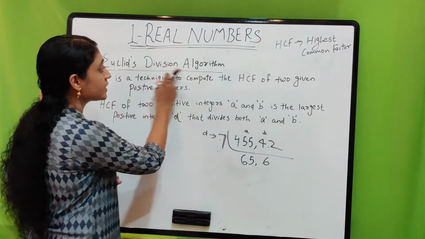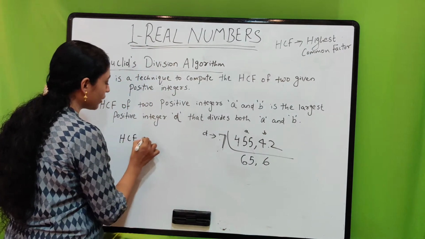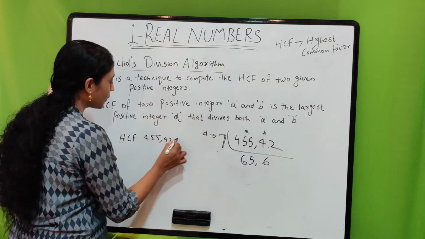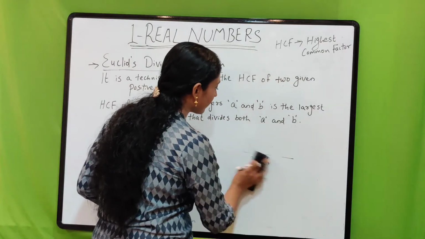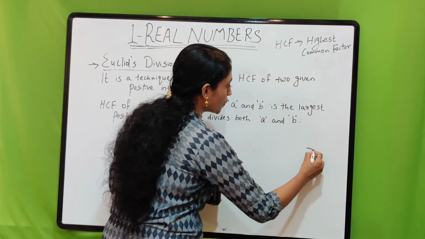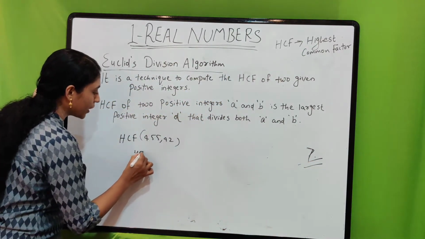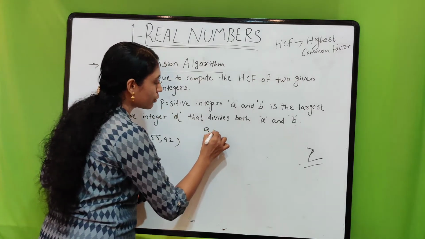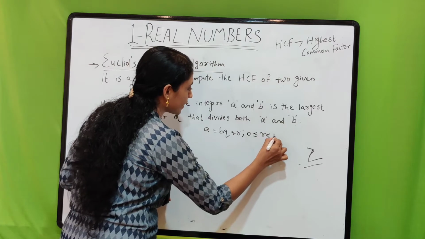And using Euclid's division algorithm, how can we find the HCF of 455 and 42? We know the answer is 7, but we have to find it using Euclid's division algorithm, right? How to find it? 455 is equal to A, in the form A is equal to BQ plus R, for 0 less than or equal to R less than B, right?